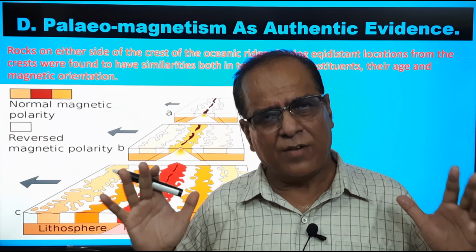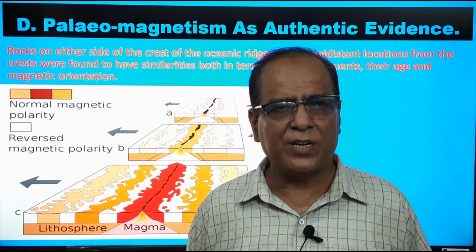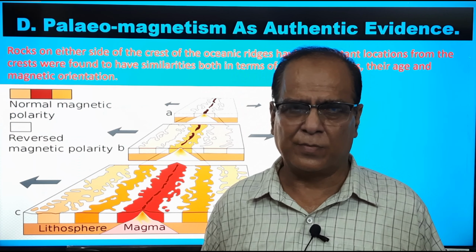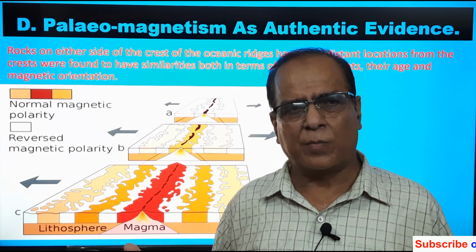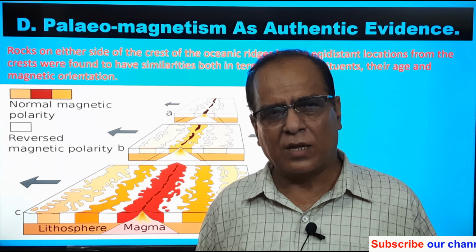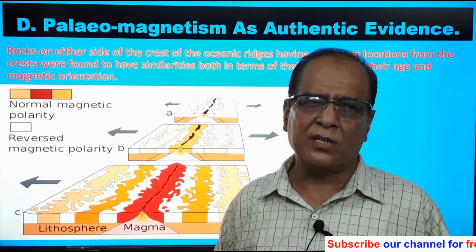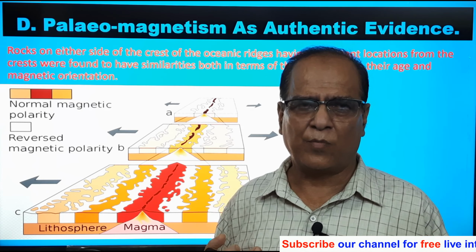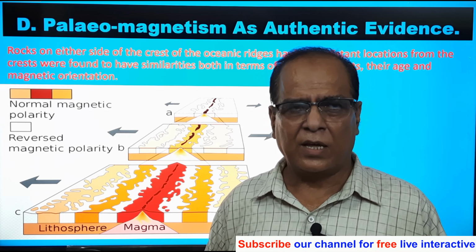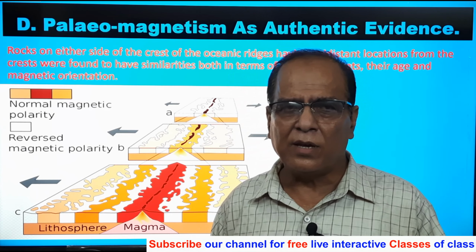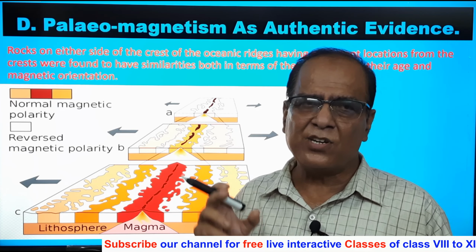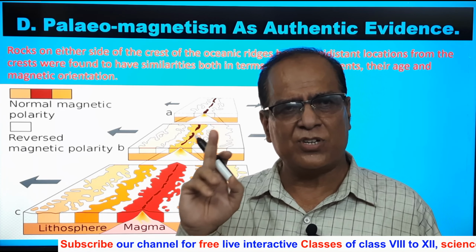The great evidence of seafloor spreading is paleomagnetism. What is this? It is the kind of process in which, at a time when magmatic material keeps on coming out from the Earth's interior, and once it comes onto the sea floor, it would be capturing the magnetic field prevalent at that point in time.